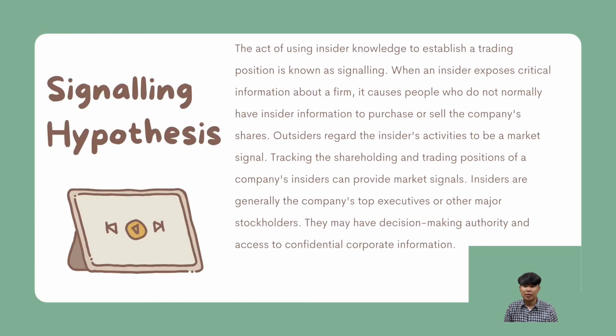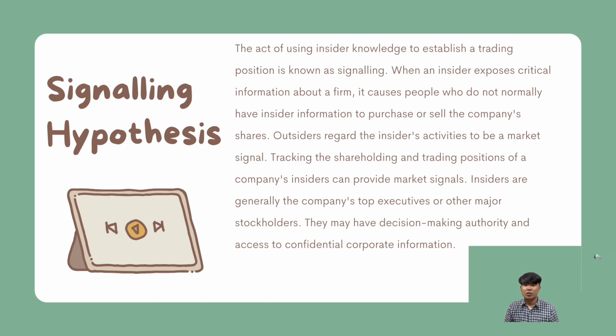Last is signaling hypothesis. The act of using insider knowledge to establish a trading position is known as signaling. When an insider exposes critical information about a firm, it causes people who do not normally have insider information to purchase or sell the company's shares.